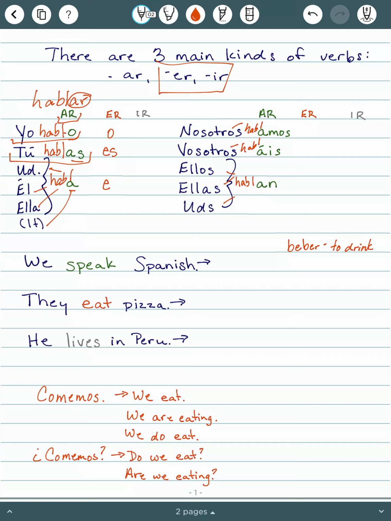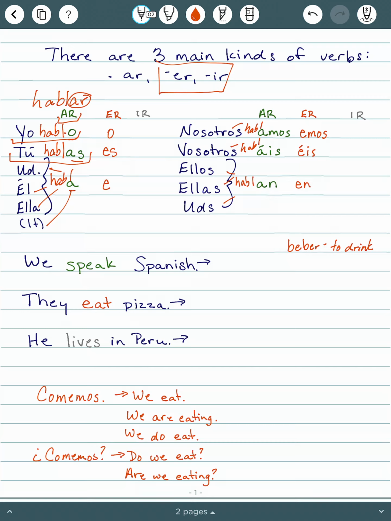And then for nosotros, ARs was amos, ERs will be emos. For vosotros, AR was áis, ER will be éis. For ARs, ellos, ellas, and ustedes was an, for ERs, it will be en.